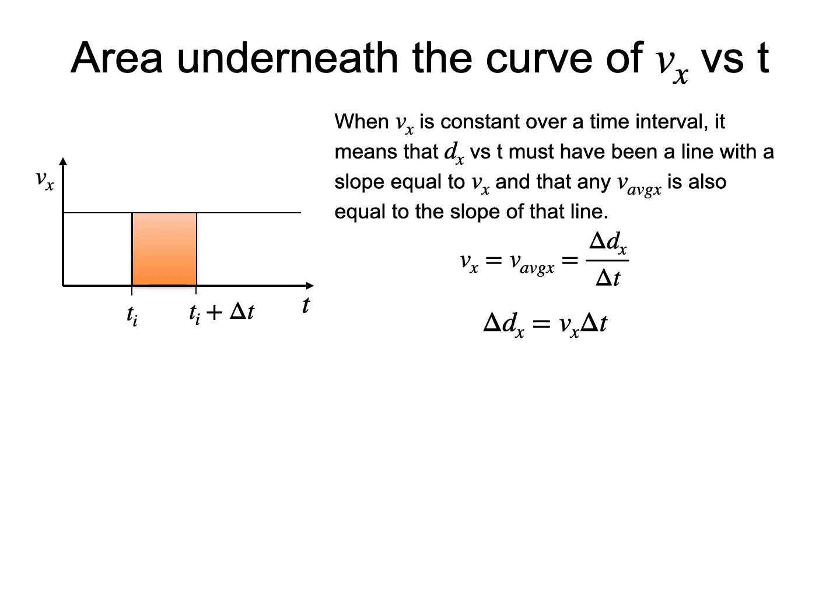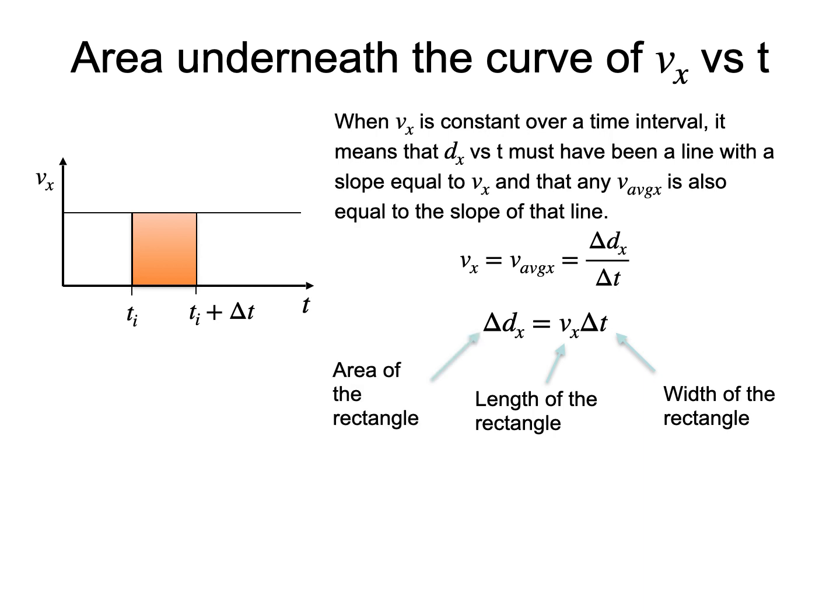This is called an area underneath the curve for the time interval ti to tf. The geometry is such that if the length of the rectangle is Vx and the width of the rectangle is delta t, then the area of the rectangle, which is the length times the width, is the x component of the displacement during that time interval.